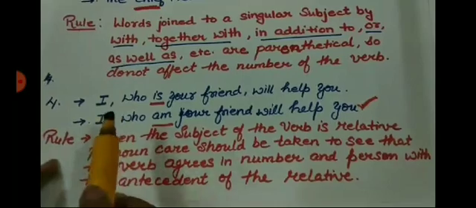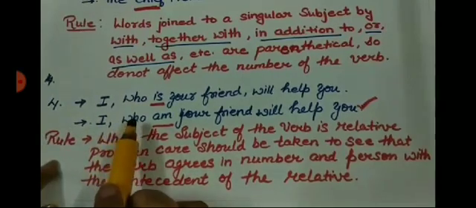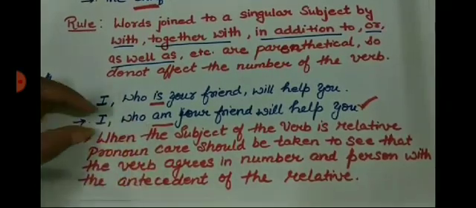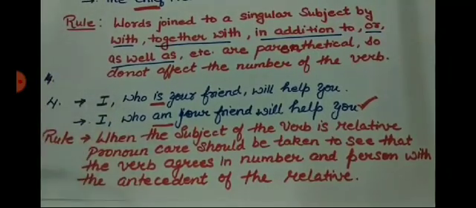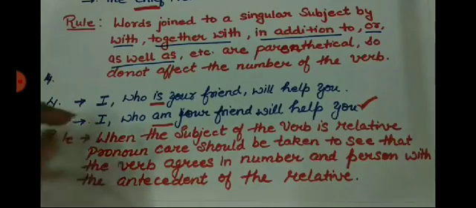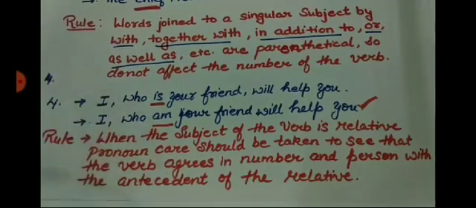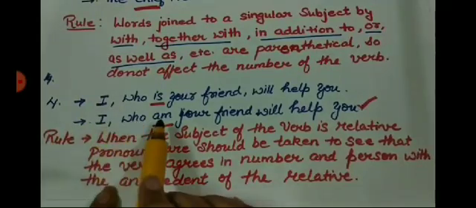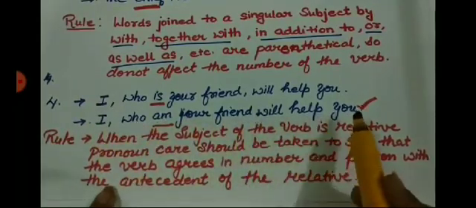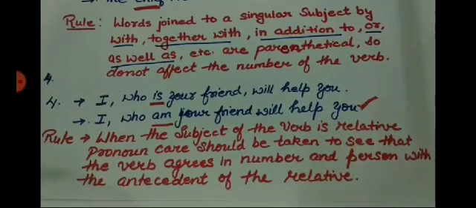See, "who" is a relative pronoun and here the antecedent is "I". So I have to use a verb according to this "I". So here "am". "I who am your friend will help you" will be the correct sentence.